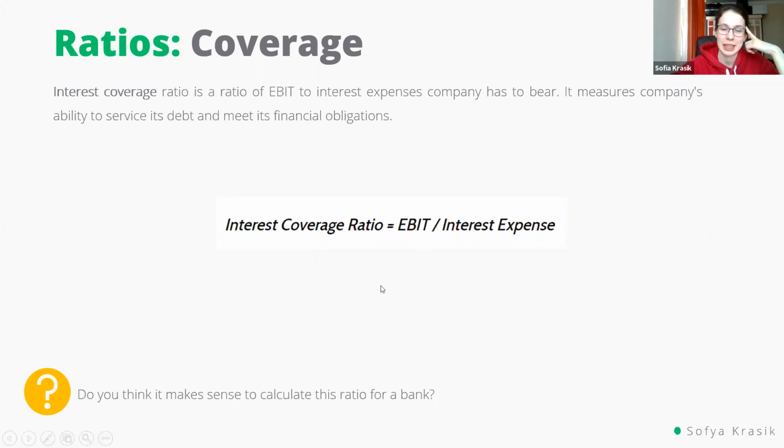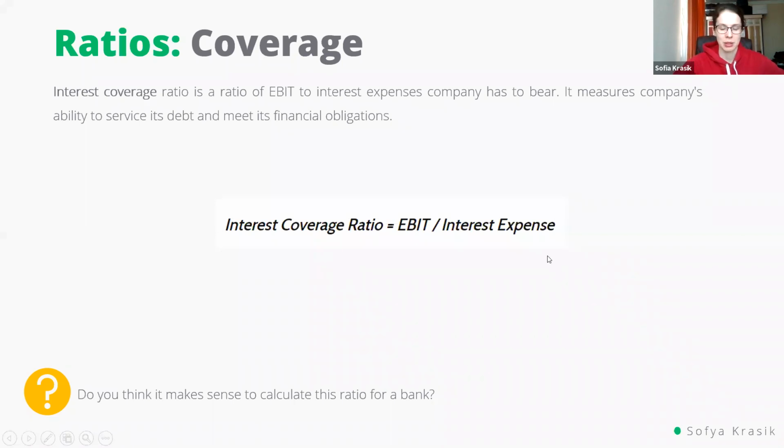Okay, I guess it was quite a tricky question, but the answer is that we usually use ratios to analyze how a company is performing. And in this case, interest expenses for most companies are some unpleasant obligation that they need to meet.